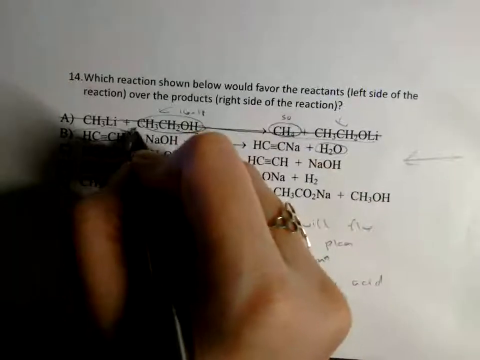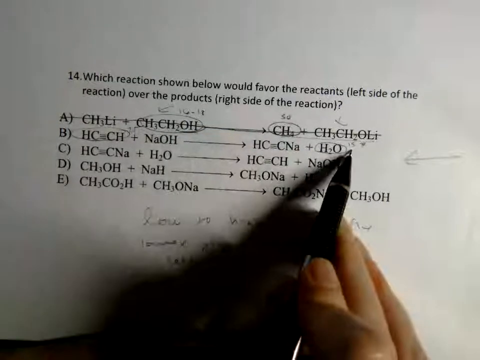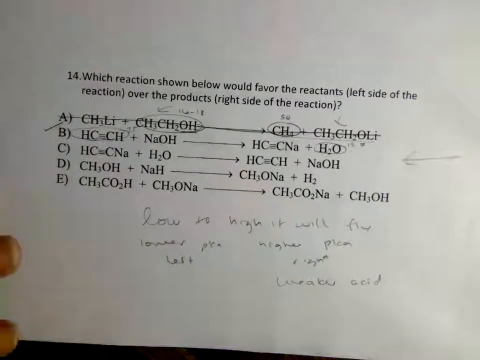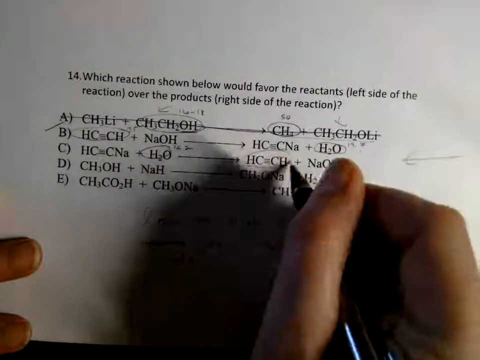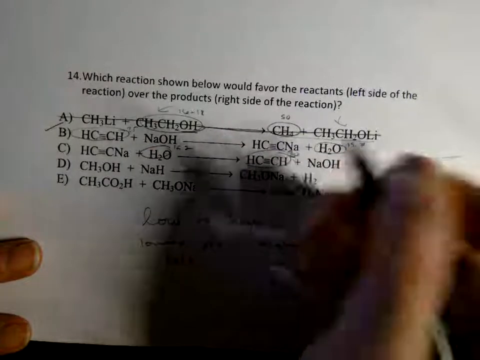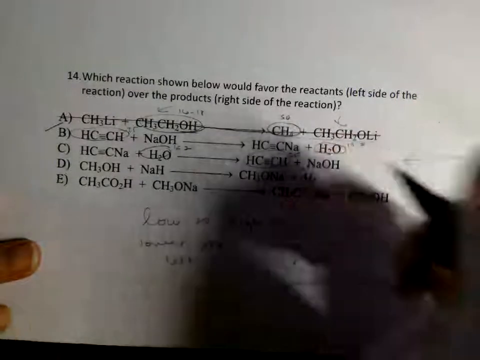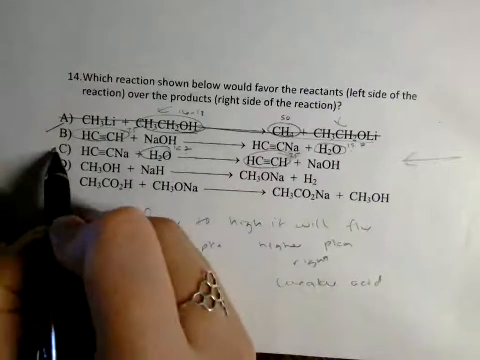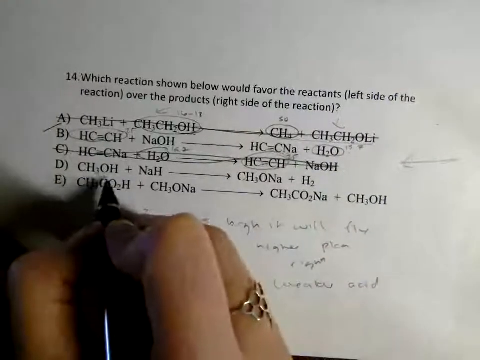So this pKa is 25, and this is 15.7. So this is high to low, it won't go. So I think this is a good answer, but let's check all of them just to be sure. This is 15.7, and this is 50. What? This is 25, not 50. This is 25. So this is low to high, it will fly. So that one is going to react forward. It's not the answer we're looking for.